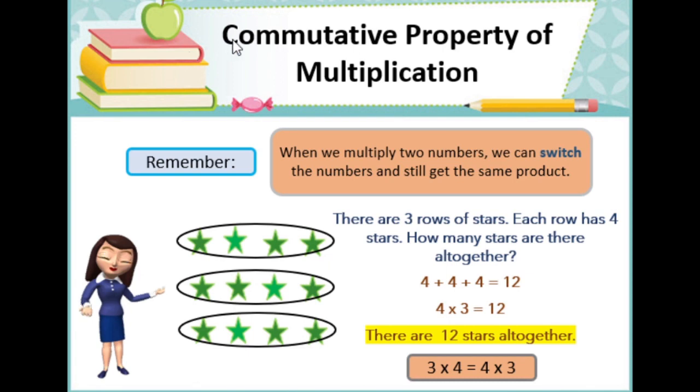The earlier describes the commutative property of multiplication. That even if we change the position or we switch the numbers like 3 times 4 or 4 times 3, the answer would still be the same. That's the commutative property of multiplication.